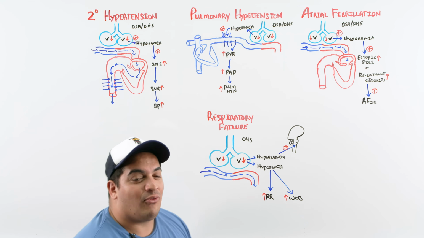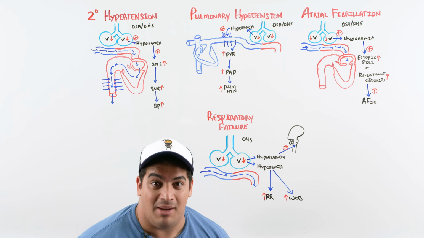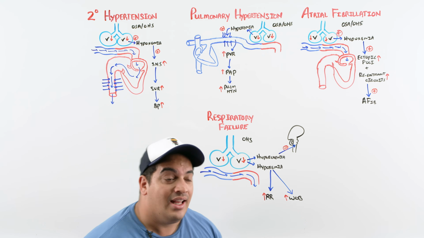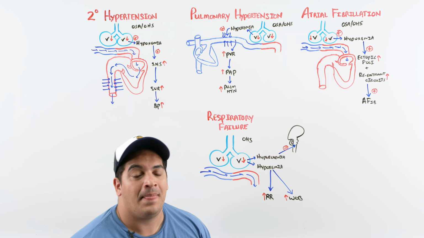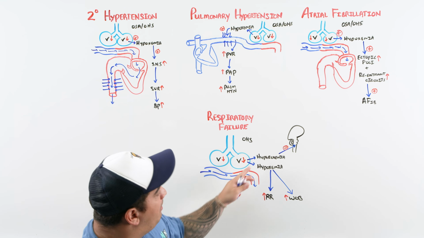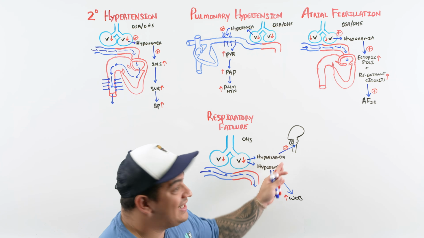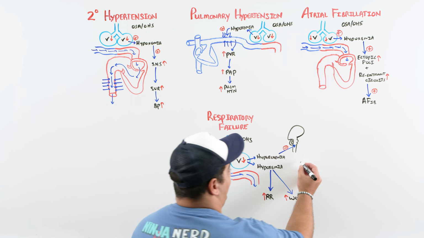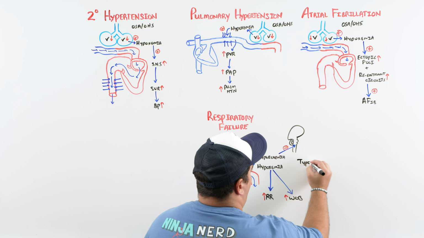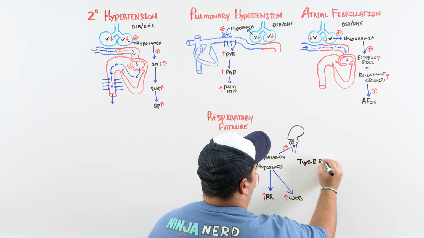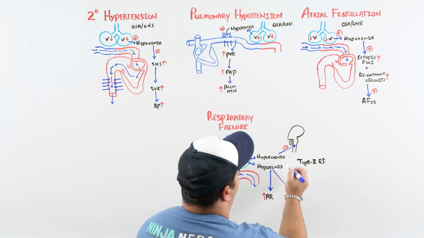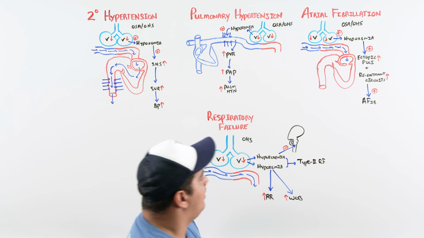Oftentimes, this type of respiratory failure can be misdiagnosed in a patient who has underlying COPD, and it can be potentially missed. And so that's really, really important to remember. But this type of respiratory failure would present more as a type 2 respiratory failure. So this would definitely present as a type 2 respiratory failure, given the presence of both hypercapnia and hypoxemia in the setting of hypoventilation.